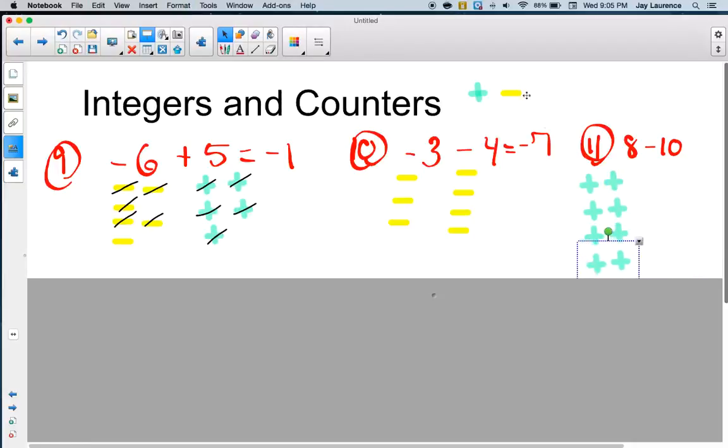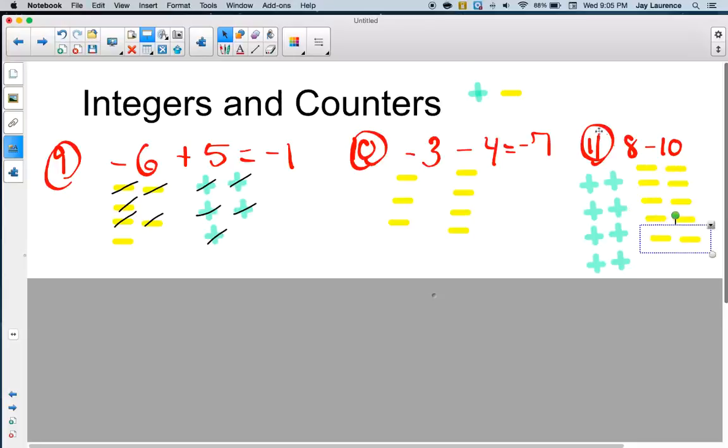Wonderful. Okay, and I'm going to need 1, 2 negatives, right? And I'm going to cheat. And so now I have 4 negatives, and 6 negatives, and 8 negatives, and 10 negatives.